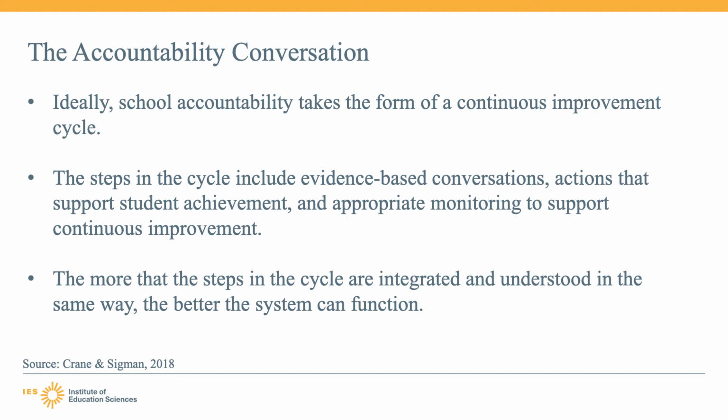These steps include talking about the evidence and data, linking that to actions that support achievement, and monitoring for support and interventions so that in fact schools, student groups, and students are continuously improving. Next. So this cycle, the better that the steps in the cycle connect with each other, the better that the accountability system can function. And I think we've got a visual that supports that.